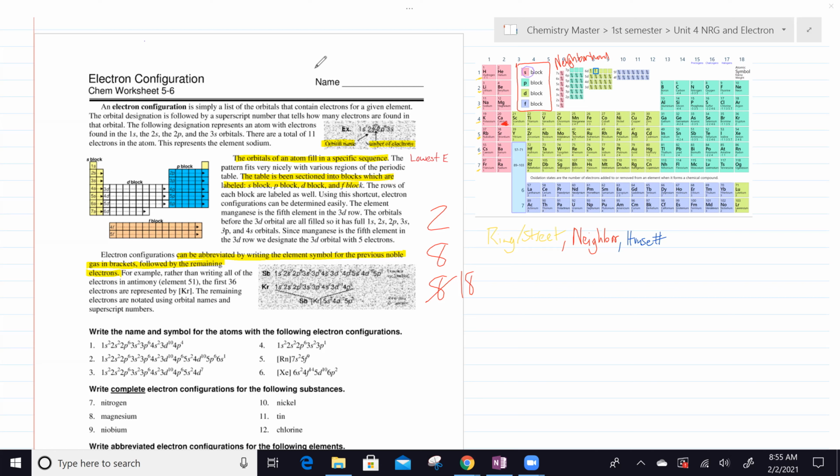So down here, where you have between 20 and 21, I want you to write the number 3, because when you get to the D block, the D neighborhood, those guys actually live on the 3rd street. And then right here, these guys live on the 4th street. So on your periodic table, in between 20 and 21, you're gonna write 3, and between 38 and 39, you're gonna write 4.